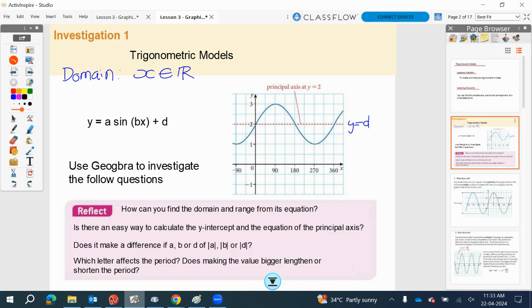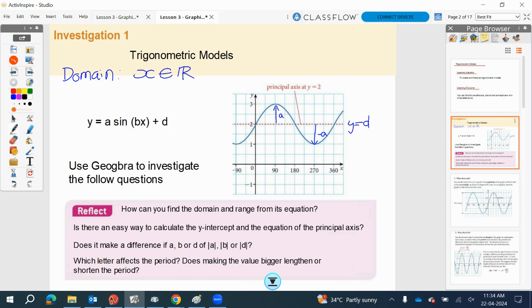One of the most important parts about this graph is this distance here, from the principal axis up to the maximum, is A. It's the vertical stretch. And this is the distance minus A. So to find the maximum would be A plus D. To find the minimum, it would be D minus A.